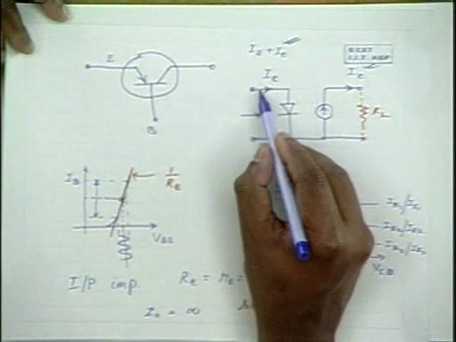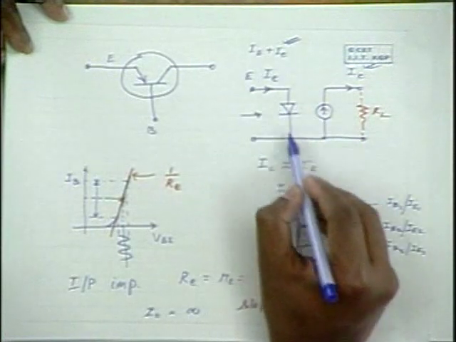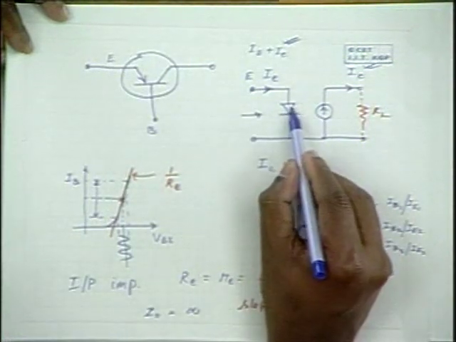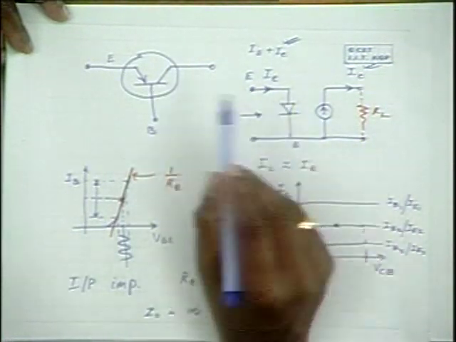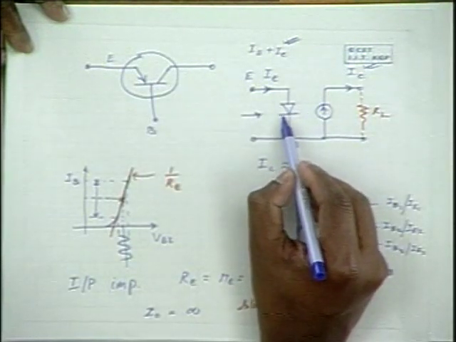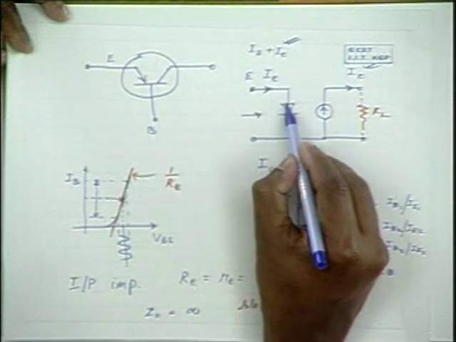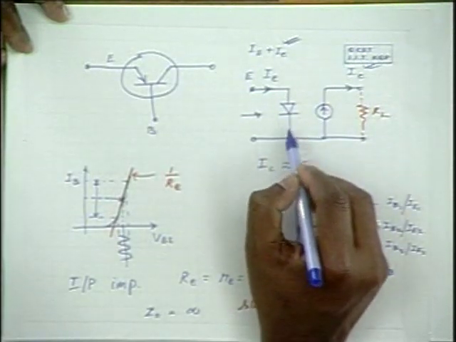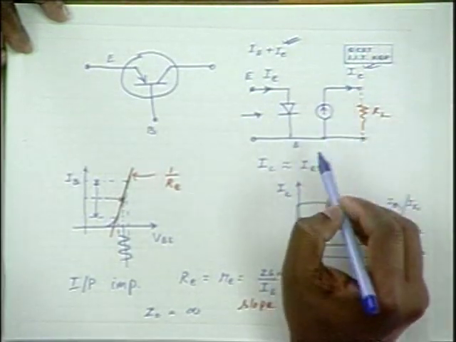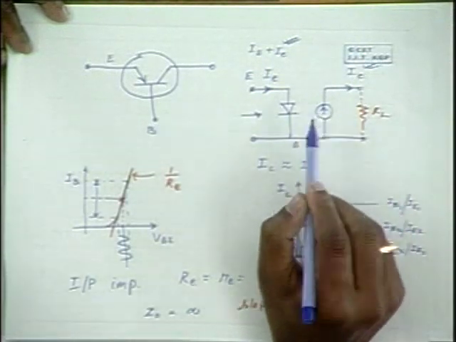Between the emitter and the base we have the diode here, a PNP transistor, therefore the diode polarity is on the side. Had it been an NPN diode, the polarity would have been opposite here. And between collector and base you have the controlled current source.